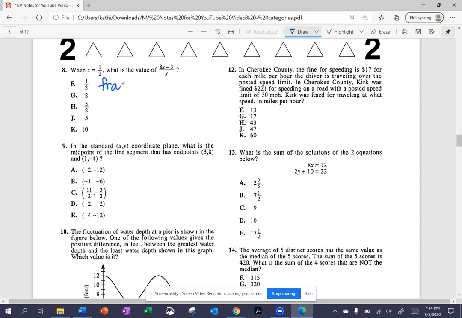Probably works the best. And that is alpha and y equals. So if I put this in fraction mode and substitute 1/2 for x, or use 0.5, I will get 2.